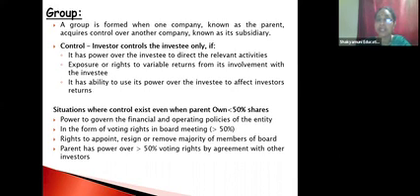If the parent has the right to appoint, to remove a majority of the members of the board, that means the parent has the power to appoint a majority of the members of the board. The parent has the power to remove the majority of the board of directors. Then it is said to have control. Why? Who will manage the company? The board of directors will manage the company.